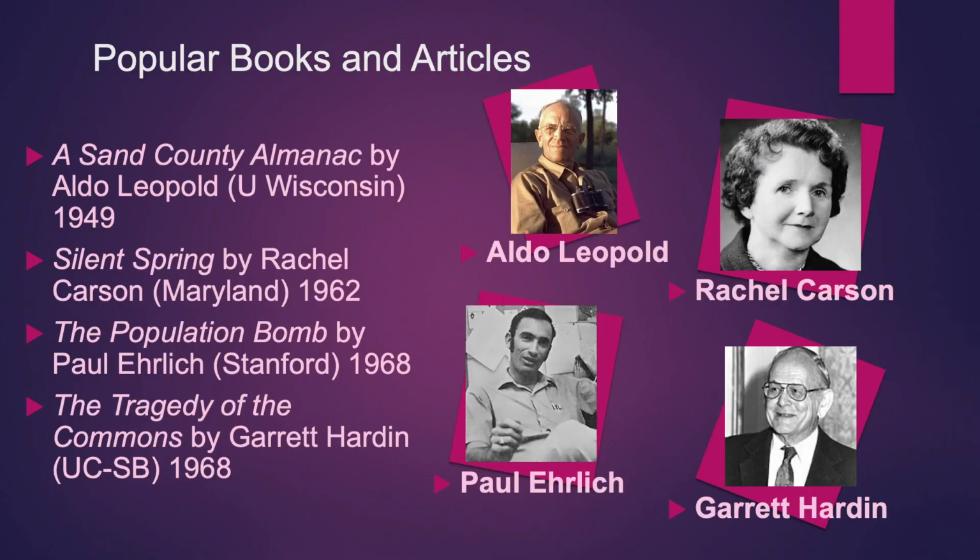That may all sound very obvious to us today. It was not so obvious after the war. Of course, Rachel Carson was in fact a federal government scientist. She was a biologist with the U.S. Fish and Wildlife Service, not far from here in Maryland. In 1962, she published her very famous book, Silent Spring.